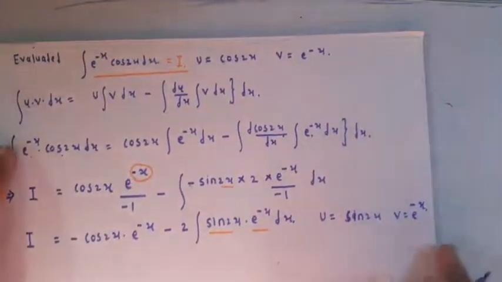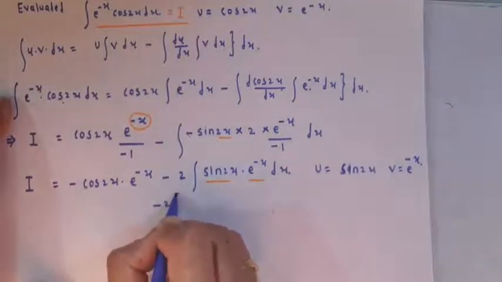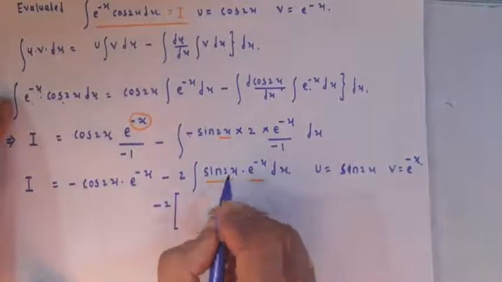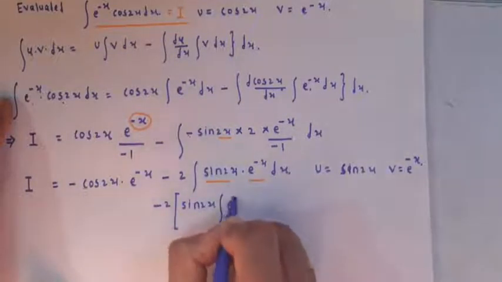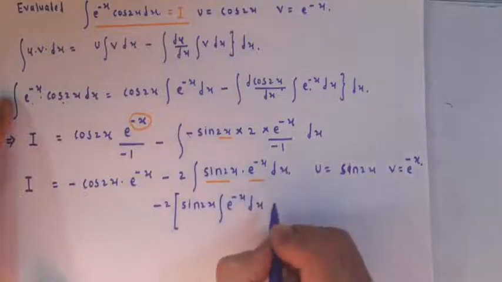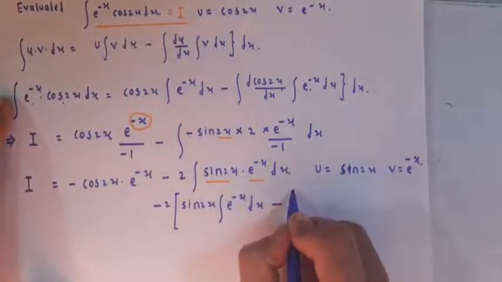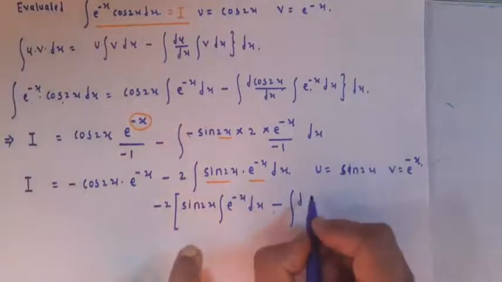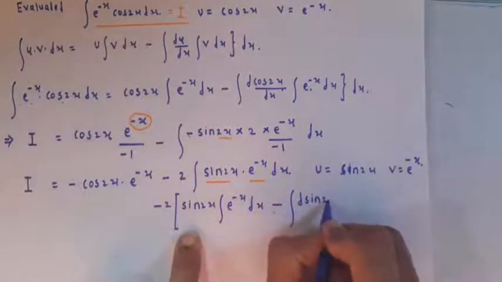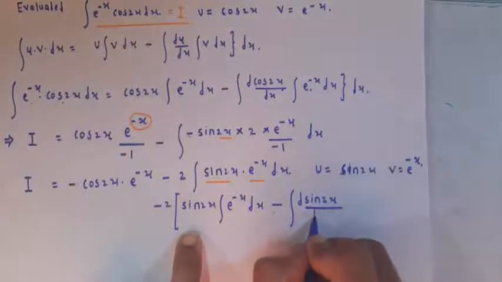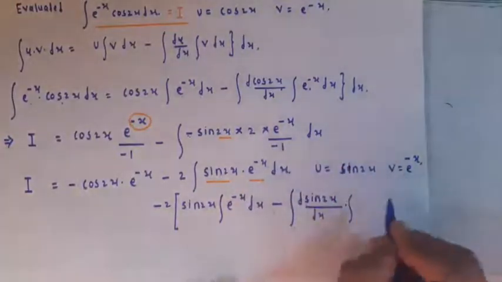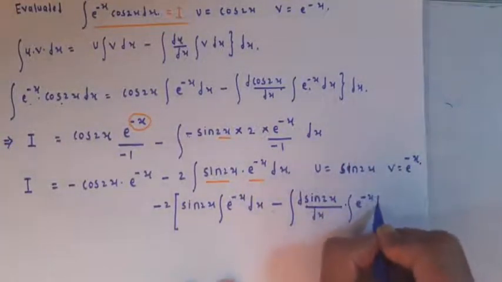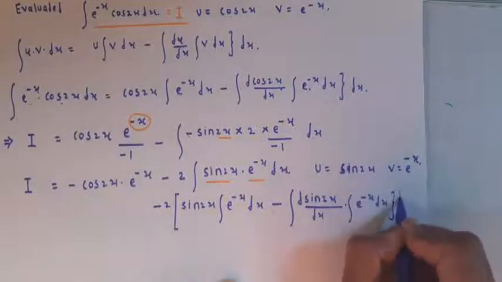Now let us solve this, that is equal to minus 2 as it is, again u into v, so sine of 2x as it is, integration of e raised to minus x with respect to x, minus integration of differentiation of u, means differentiation of sine of 2x with respect to x into integration of v, means integration of e raised to minus x with respect to x, and we have to integrate the whole function with respect to x.